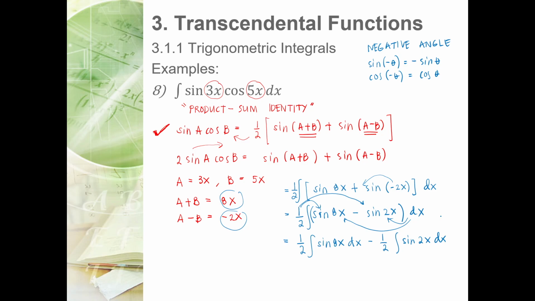So the integral of sine is negative cosine. So this gives us 1/2, and take note that there's a coefficient on the sine function, so this gives you negative 1 over 8, and then cosine 8x.